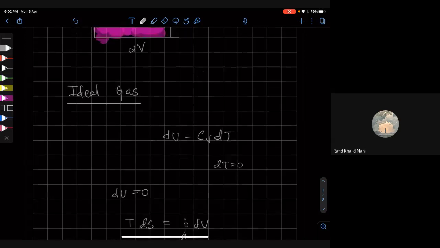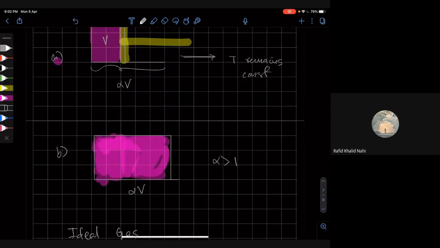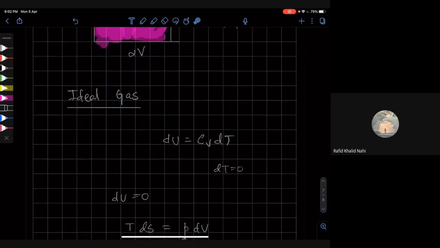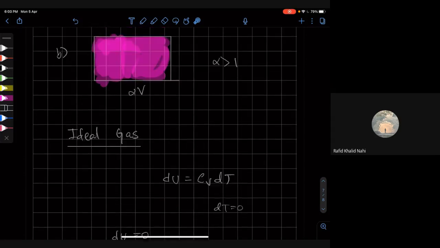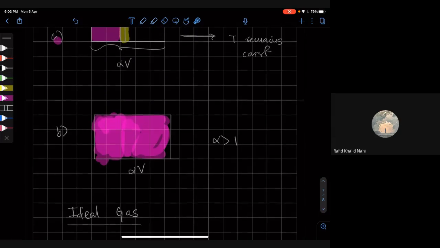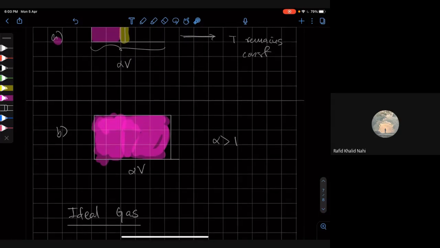So the B, I'm just going to say, is that the Joule expansion is an irreversible expansion. Therefore, you cannot use this law to compute the change in entropy usually, because P is not well defined during this expansion.